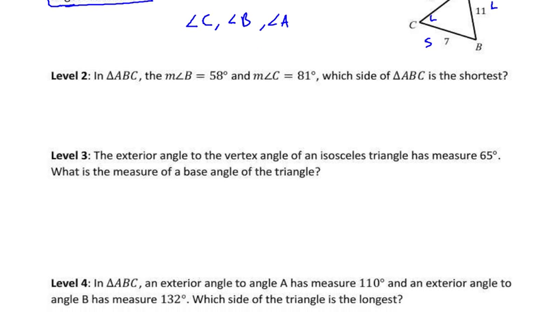Level 2, a little bit more challenging. This time there's no picture given, and they give us 2 angles, and they want to know which side is the shortest. This is very similar to a drill question today, so hopefully you were able to get this one pretty easily.